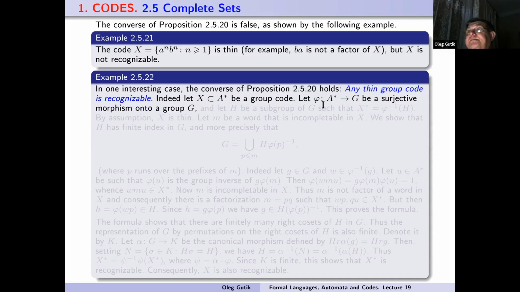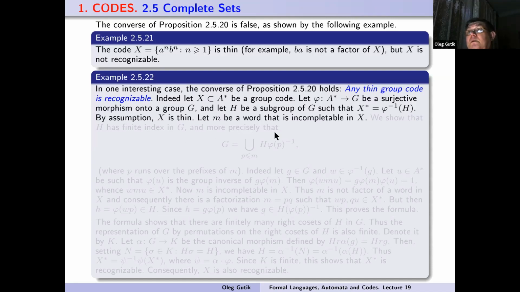Let phi be a surjective morphism from the free monoid A star to a group G, and let H be a subgroup of G so that X star is equal to the inverse image of phi of the subgroup H. By assumption, X is thin.